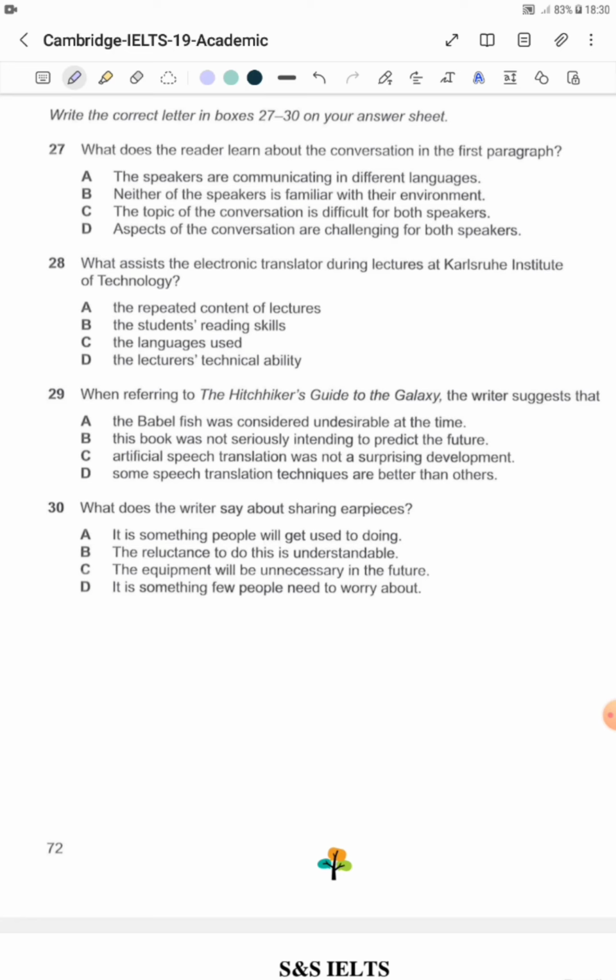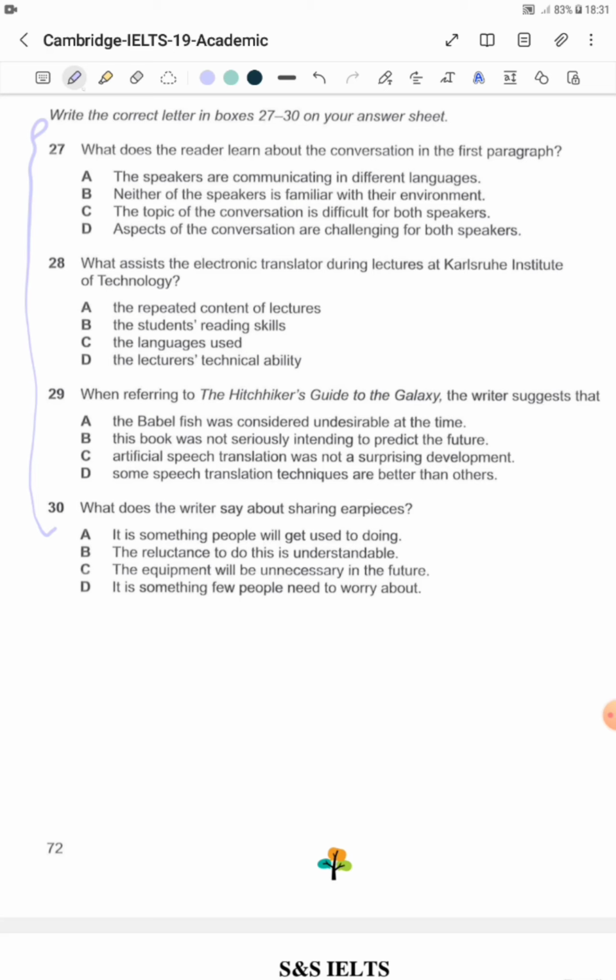Okay. We have 4 questions, 27 to 30. These are multiple choice questions. As we have practiced before, first go through the options and identify the appropriate keywords, rather than checking the text, rather than reading the text. Okay?